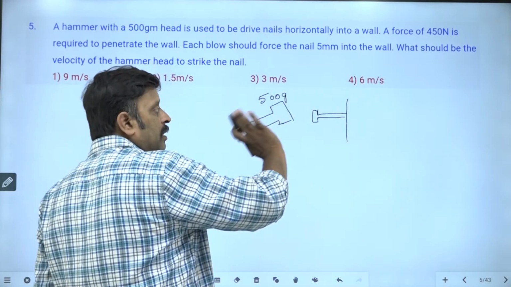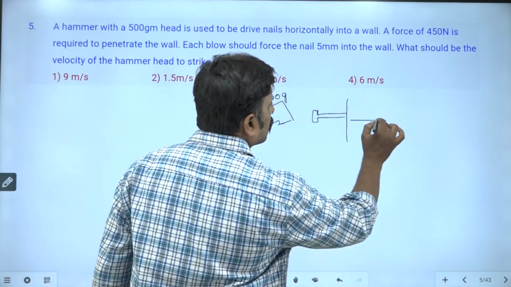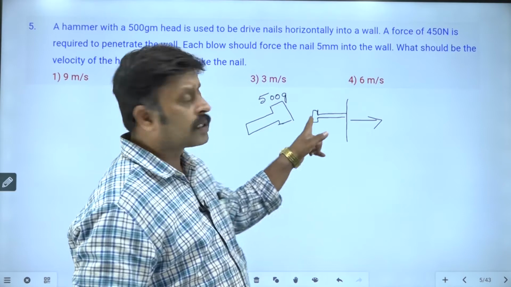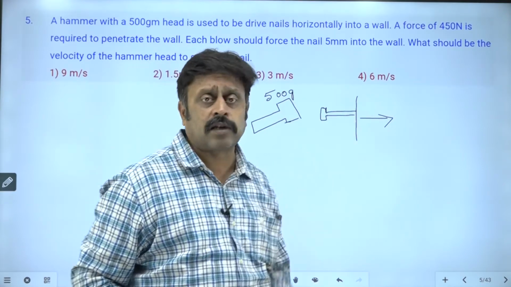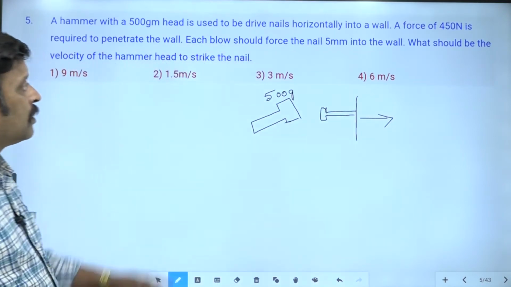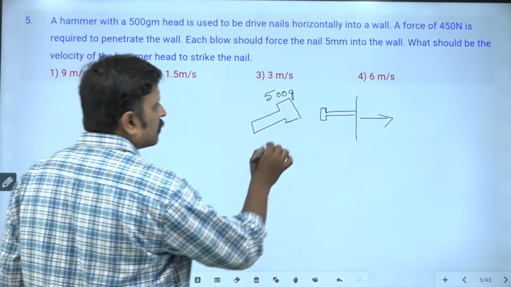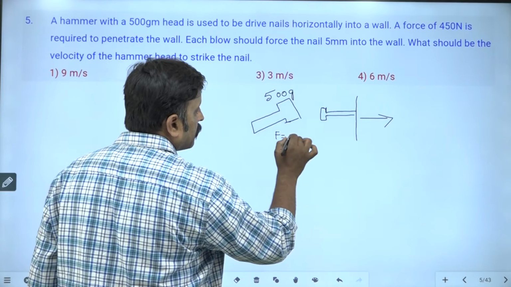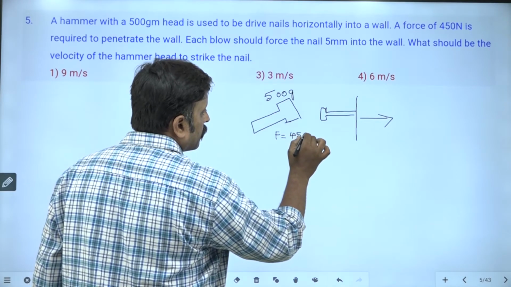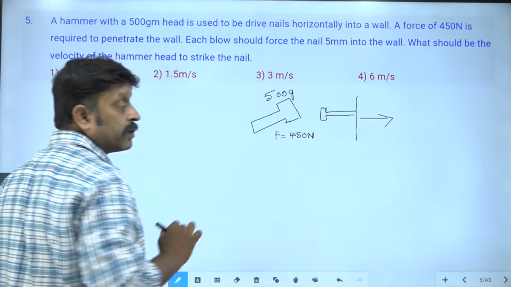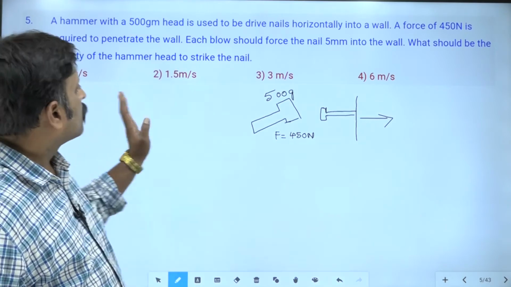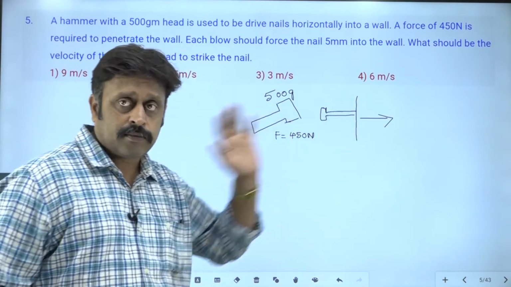If you hit the nail, this nail will move into the wall horizontally, he is saying. A force of 450 Newton is required. How much force is required? 450 Newton is required to penetrate into the wall.